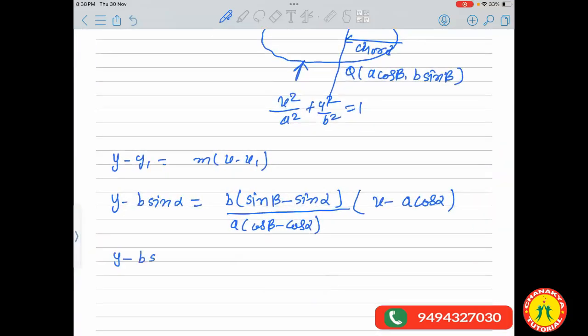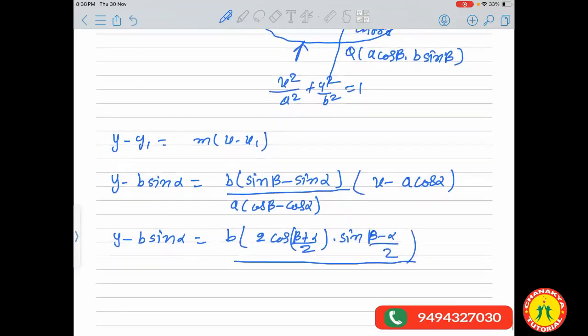Y minus b sin alpha is equal to b times sin C minus sin D. Apply the formula for sin C minus sin D, like that. So sin C minus sin D is equal to 2 times cos of (beta plus alpha) by 2 into sin of (beta minus alpha) by 2, right?